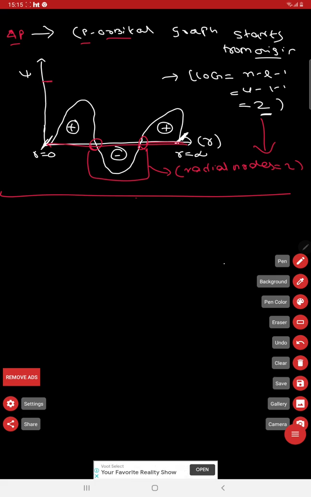Next type of graphs is probability density functions.